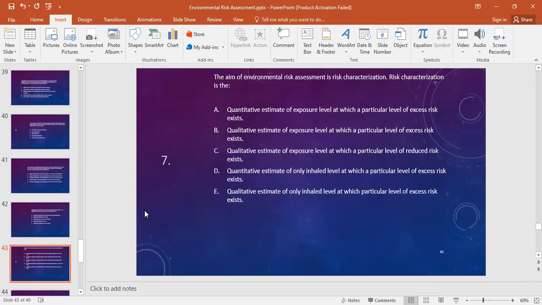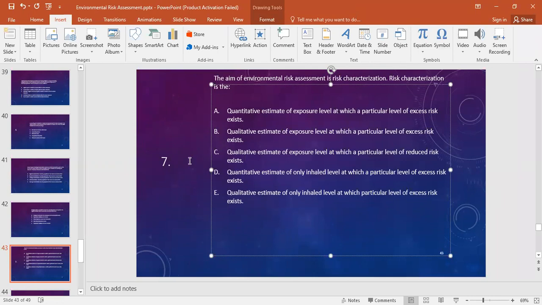Quantitative estimate of only inhaled level at which a particular level of excess risk exists, and a qualitative estimate of only inhaled level at which particular level of excess risk exists. B. A quantitative estimate of exposure level at which a particular level of excess risk exists.